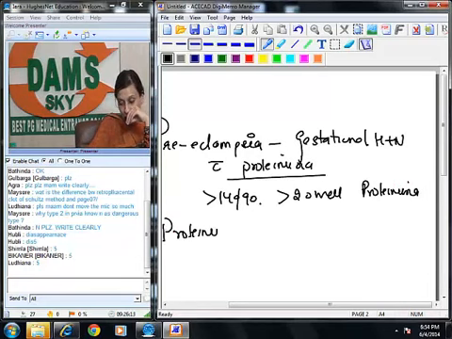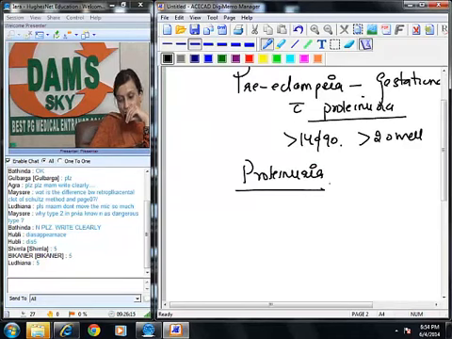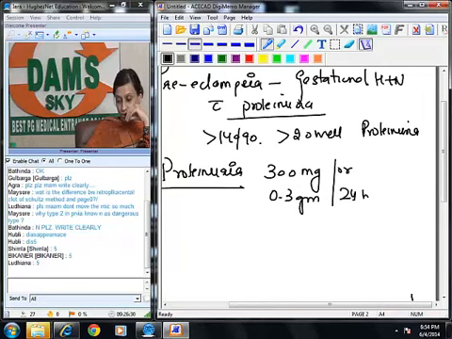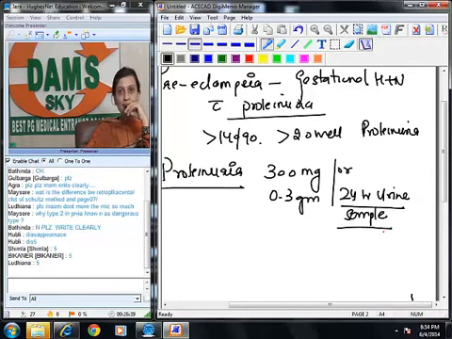Now, how do you define proteinuria? The proteinuria here is defined as 300 milligrams or 0.3 grams per 24-hour urine sample. So it is not per liter, it is not per ml. It is in a 24-hour urine sample.